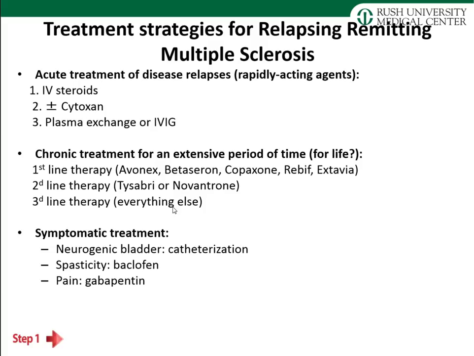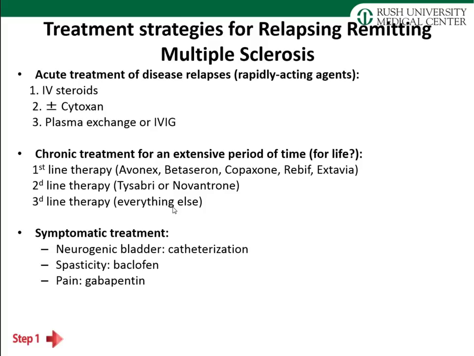Chronic treatment, in order to reduce the number of relapses that occur, can now be given for extensive periods of time. And there are first, second, and third line therapies for patients. First line therapies include medications such as Avonex, Betaseron, Copaxone, Rebif, and Extavia.